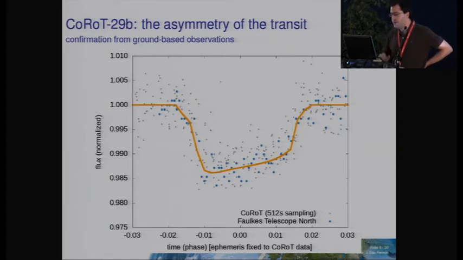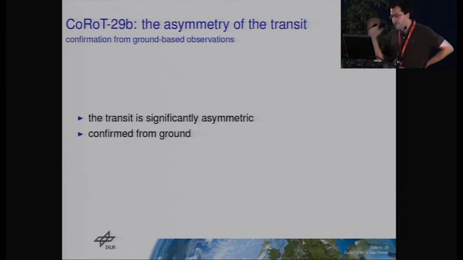We see that this asymmetry is not intrinsic to the CoRoT data. This is something that we can confirm from the ground. So the two facts I can present here are that the transit is asymmetric, and that this is not from one observation but confirmed by two different independent measurements.